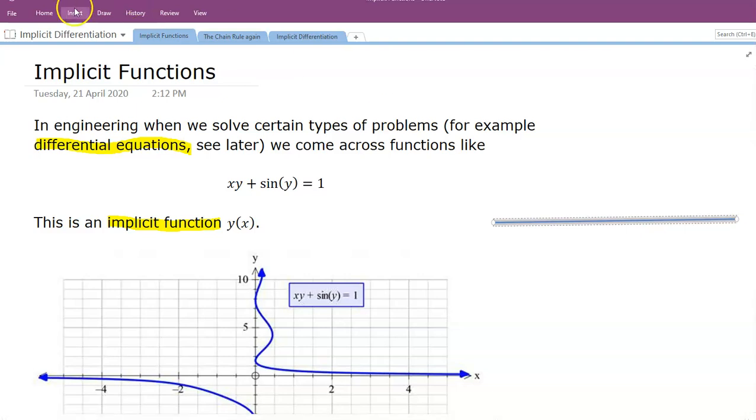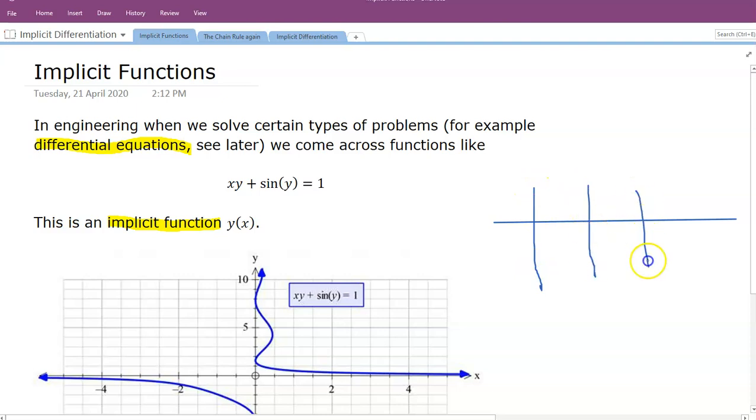So imagine you've got a table of some x values, and let's say I take x equals 0, and then the computer will take x and plug 0 into that part of the formula there. So this will give me 0 plus sine of y equals 1, and then solve the resulting equation for y.